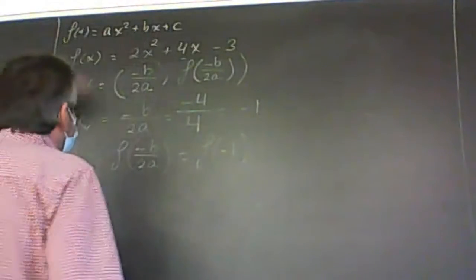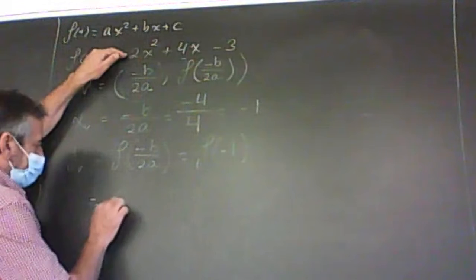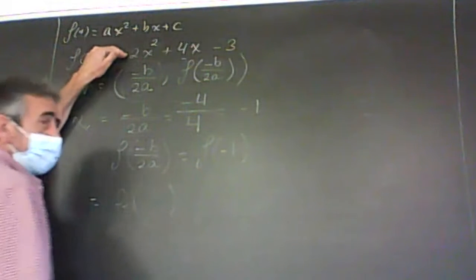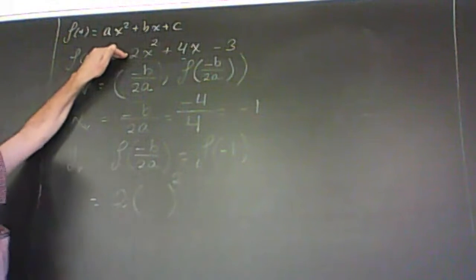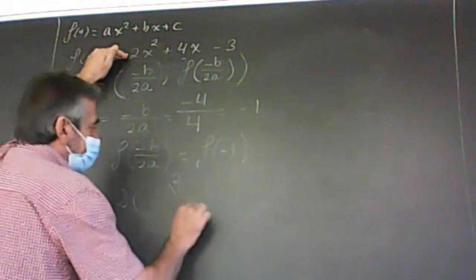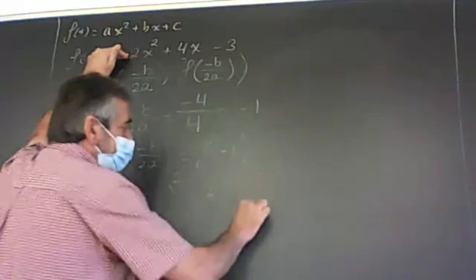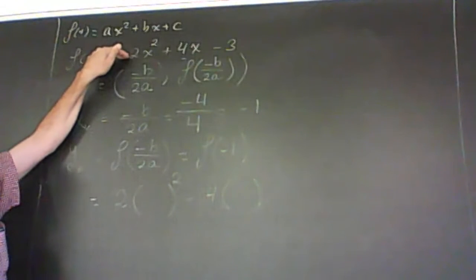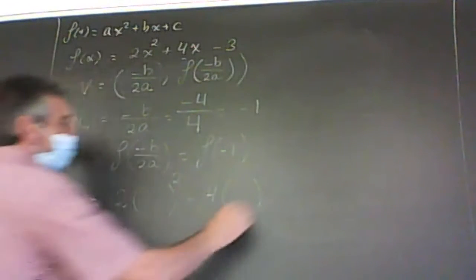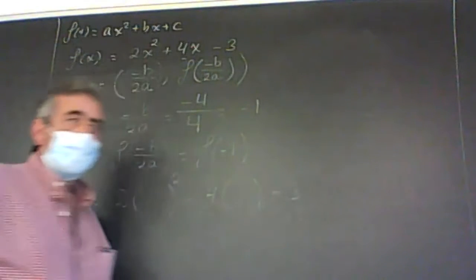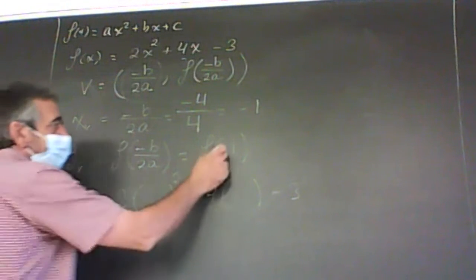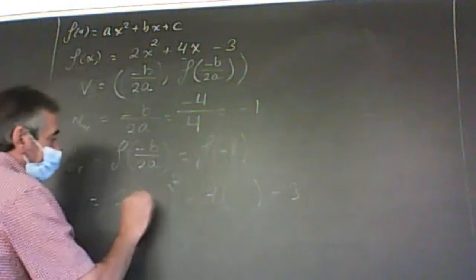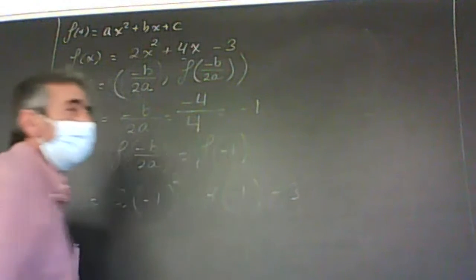So the function is 2, take the x out, replace it by parentheses, squared, plus 4, take the x out, minus 3. Now we're going to fill in the parentheses by the negative 1 given.